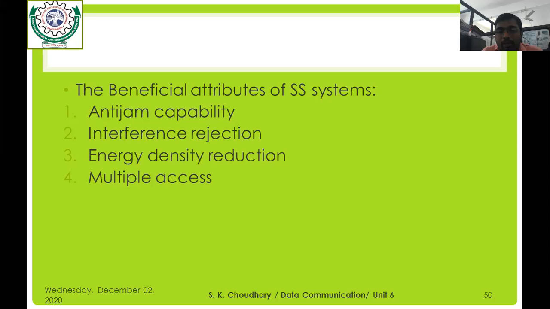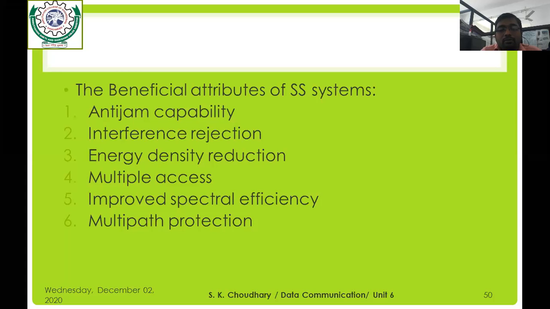You can apply multiple access techniques for your transmission in wireless communication. Improved spectral density or efficiency. Then you can have multi-path protection also, and it also provides low probability of intercept, LPI. So these are some benefits of spread spectrum.